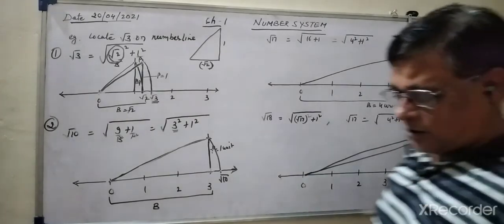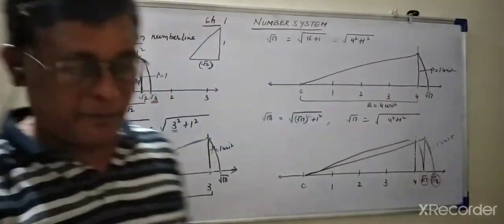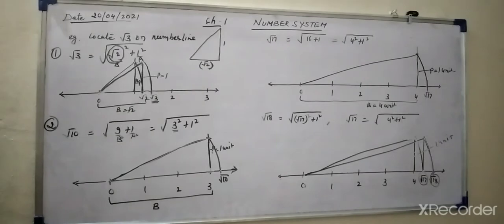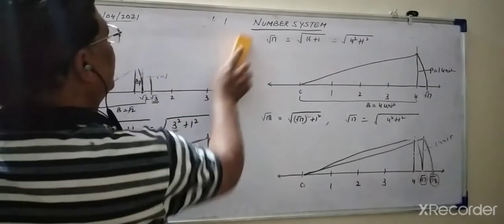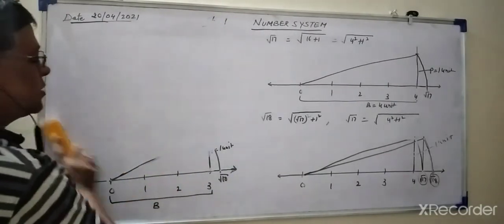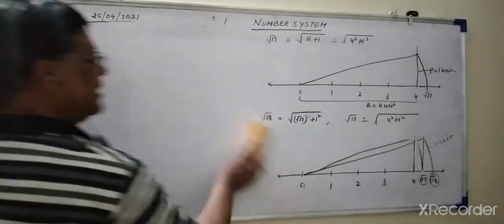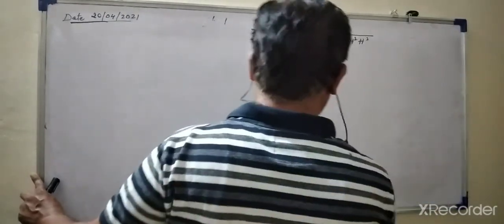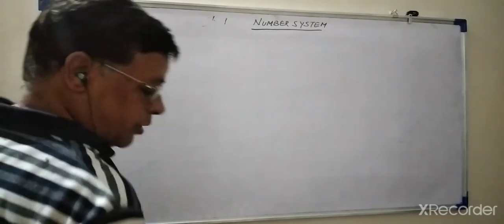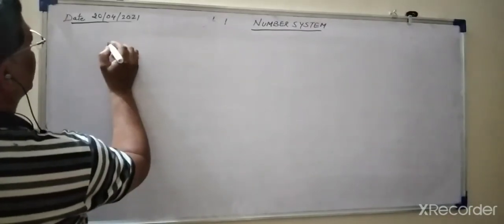In the previous class on Saturday, we discussed root 18 by another method also, that is by 3 unit and 3 unit. I will also explain that, because many were confused, as I had given it as homework. So root 18 also we can draw by this method.